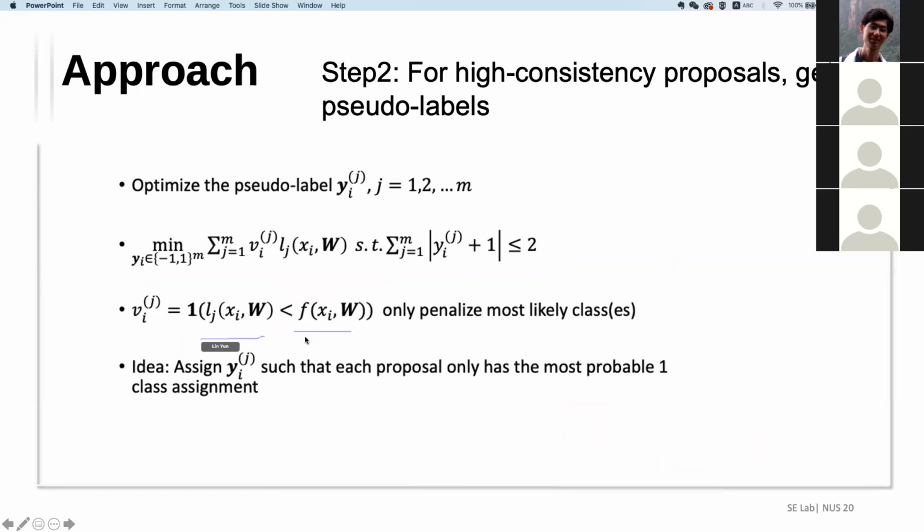So error here. Do you have any definition of error? L is the binary cross entropy loss for class j, and for proposal xi.